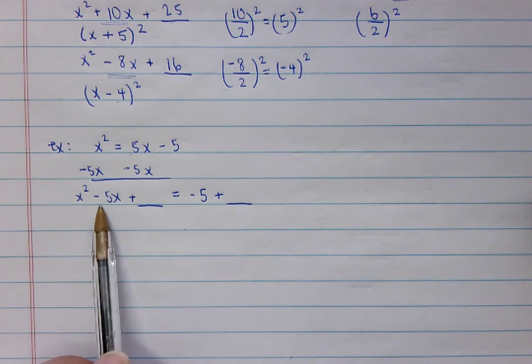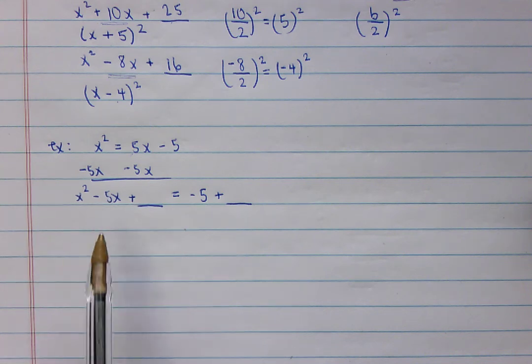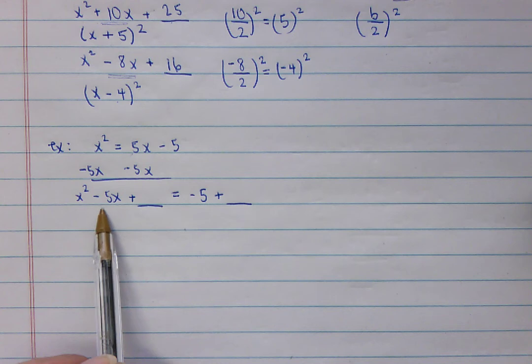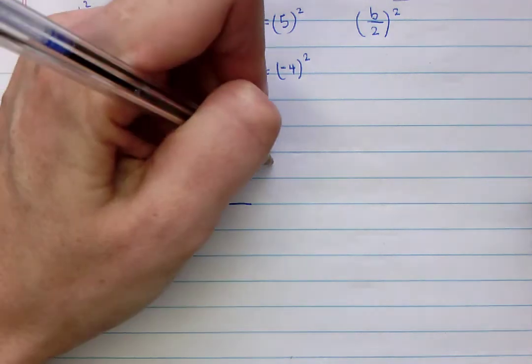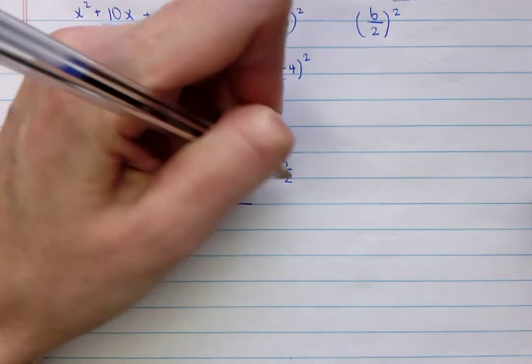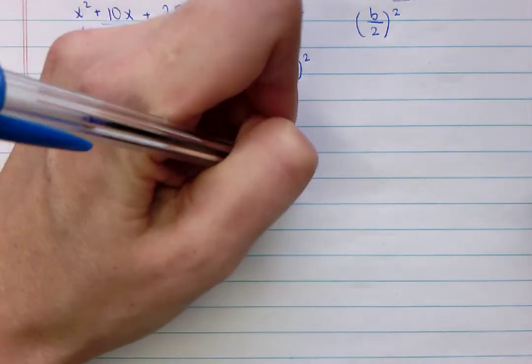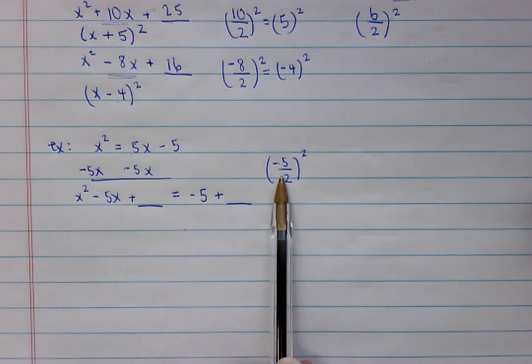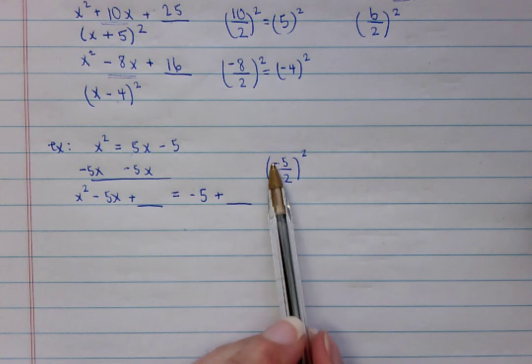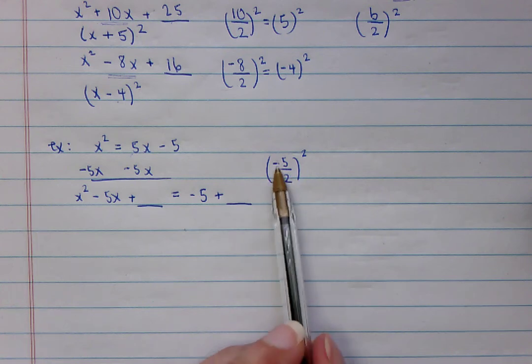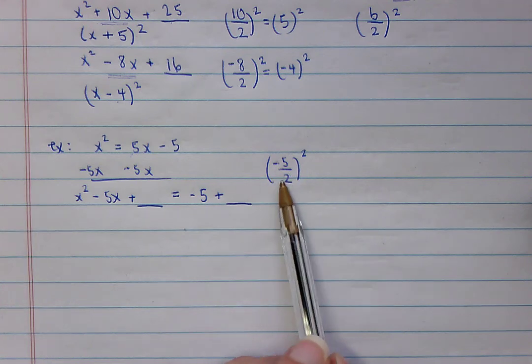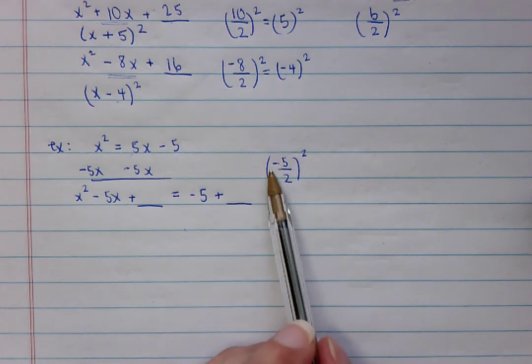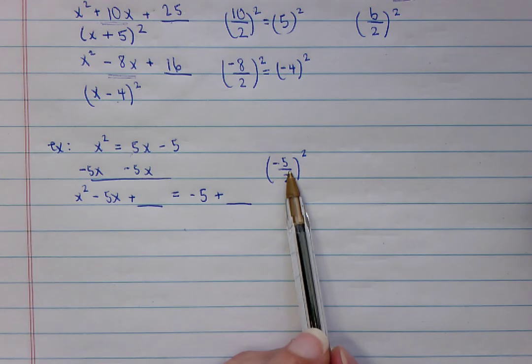So remember, in order to create a perfect square trinomial, you have to take this value, so negative 5, that's b, negative 5 divided by 2, okay, and square it. This actually doesn't simplify, so when we end up factoring, we can actually write it with this number.